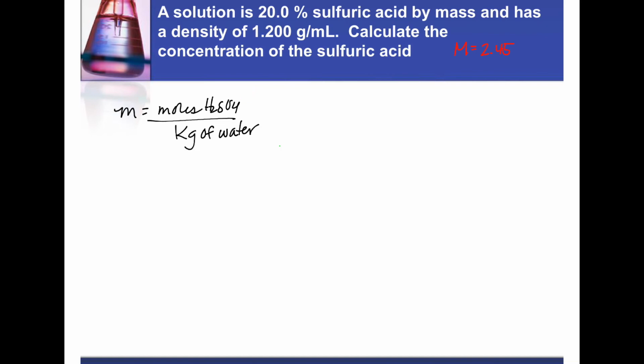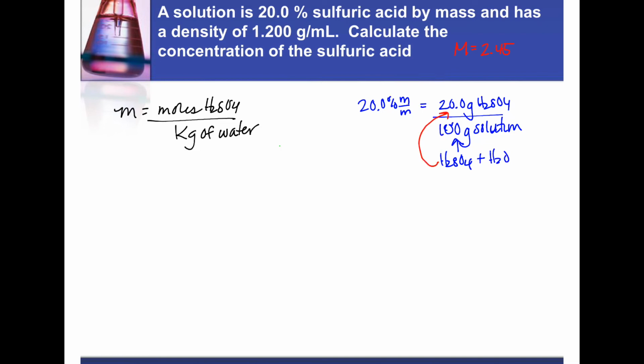But to find the kilograms of water, I do want to remind you that when we were doing that mass percent, we said 20% mass to mass means that there are 20 grams of sulfuric acid in 100 grams of solution. And that 100 grams of solution equals the sulfuric acid plus water. We know that the sulfuric acid is 20 grams.